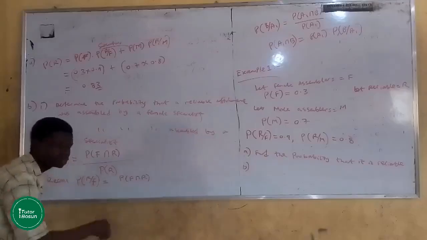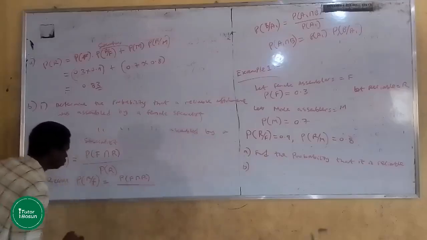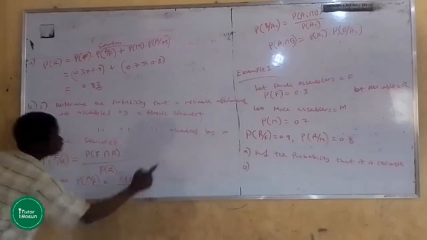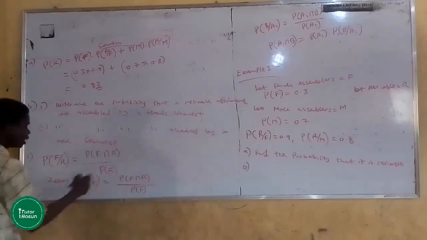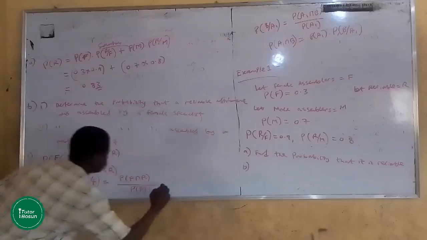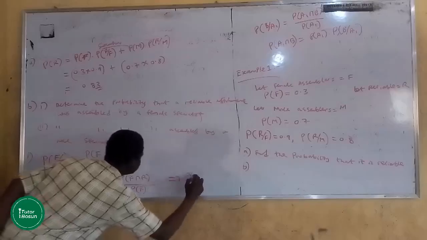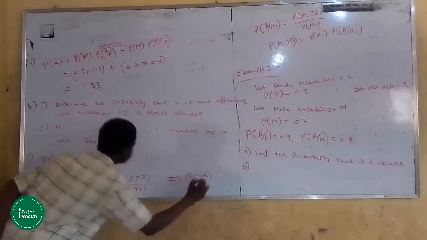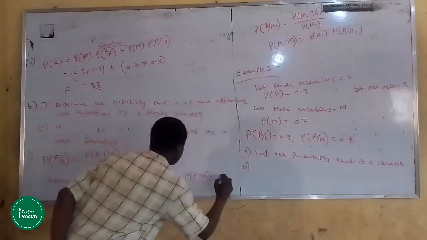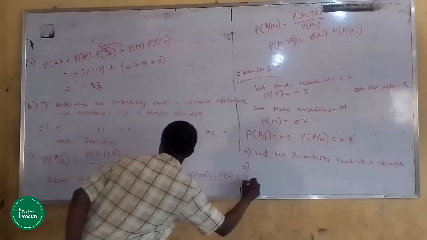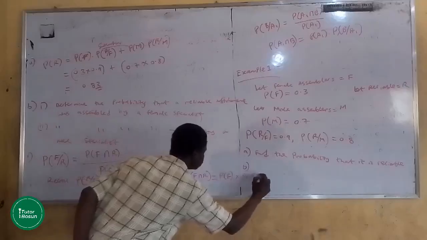R intersection female and female intersection R are the same thing. We already have the probability of female as well. So the probability of female intersection R will be the probability of female times the probability of R given female.